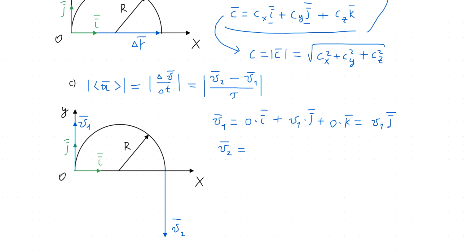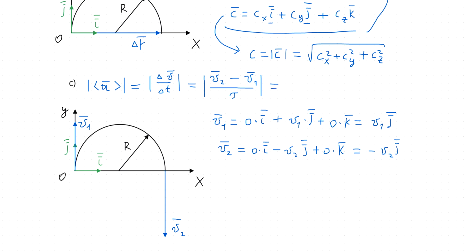So it will be 0 multiplied by i, minus v2 j, plus 0 multiplied by k. And it will give us minus v2 j.